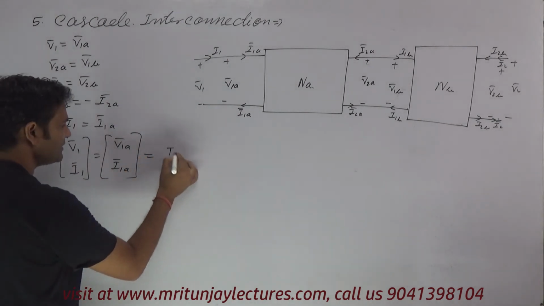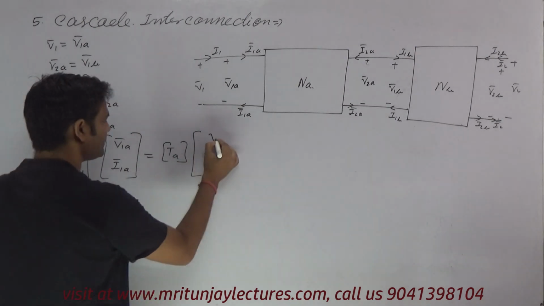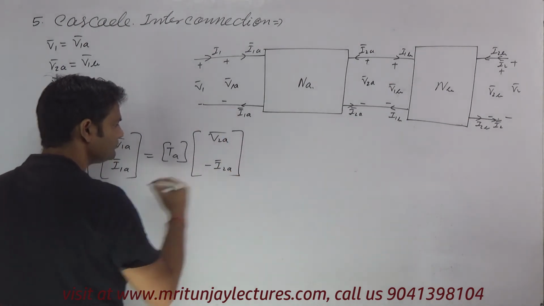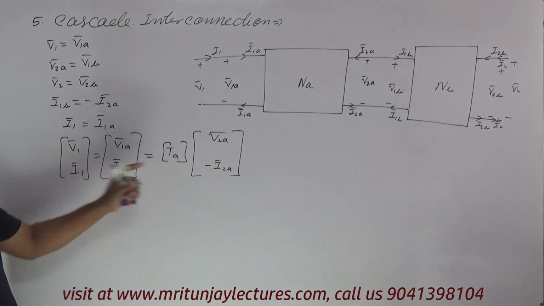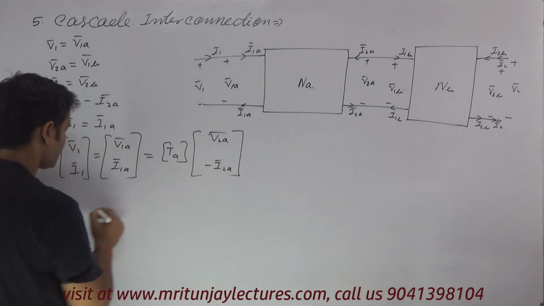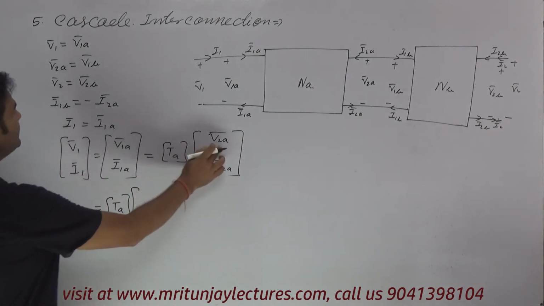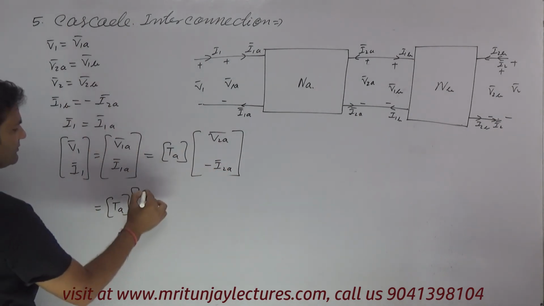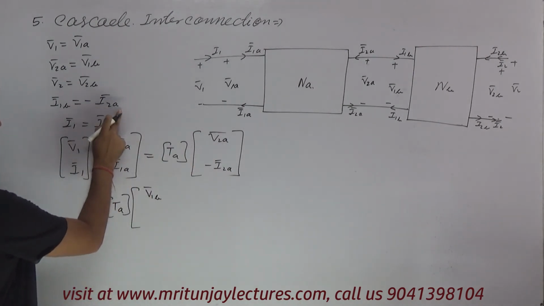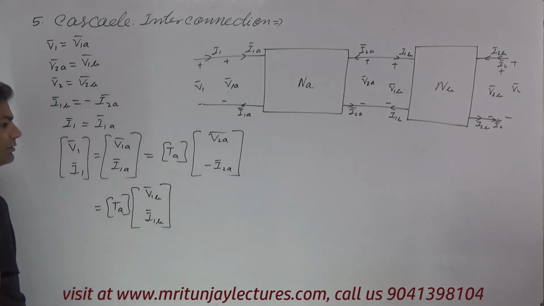That is the TA parameter, and it is written corresponding to V2A and minus I2A. Okay. And I know that for I2A, that is TA like this one. V2A is written as V1B and minus I2A is written as like this one.